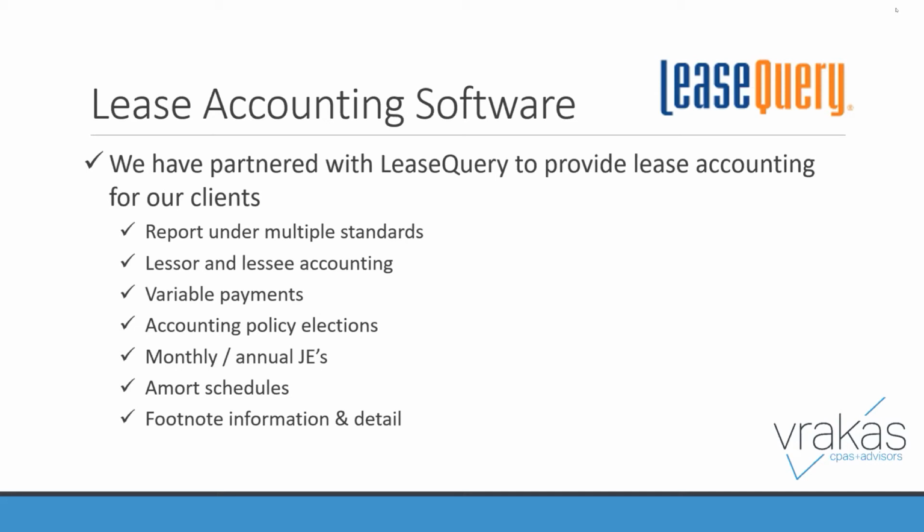And from the auditor side of things, it also is going to have all the details supporting those footnotes. So if your auditor asks you, how did you get this discount rate, it's going to have the drill down details so that we can look into that. And once we get through the presentation here, I'm actually going to quickly, if we have time, pull up the Lease Query site so that you can just see the reports that it's going to generate.